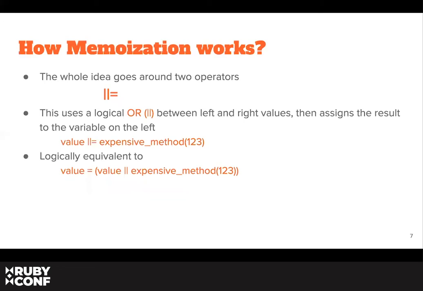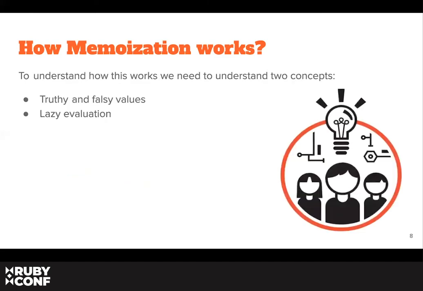You can also see the code that is written on the slides. To understand how it works, we need to understand two concepts: truthy and falsy values, and lazy evaluation. We will start with truthy and falsy first.